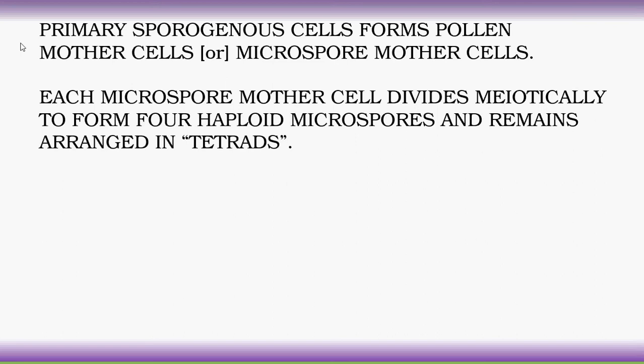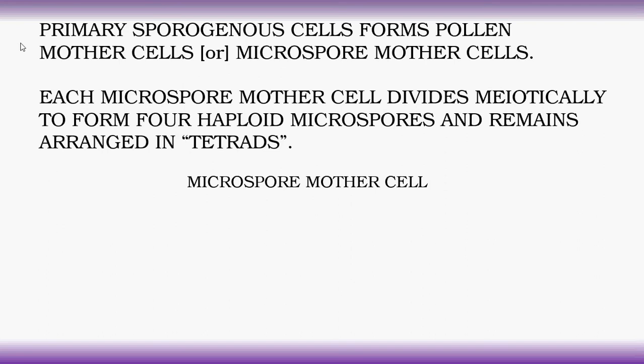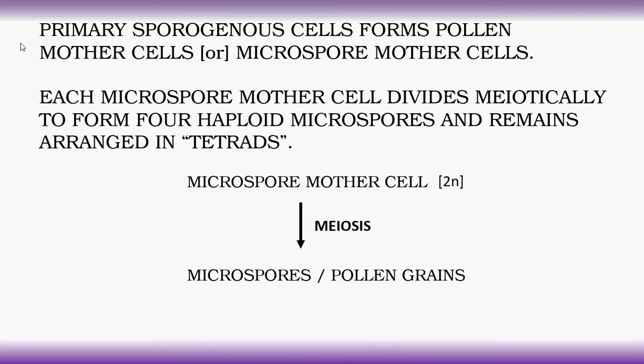Let's see. The microspore mother cell is in diploid condition, that is 2n condition. This microspore mother cell undergoes meiosis division or reductional division to form 4 haploid microspores or pollen grains. They are in haploid condition.